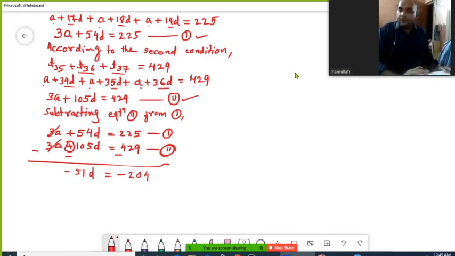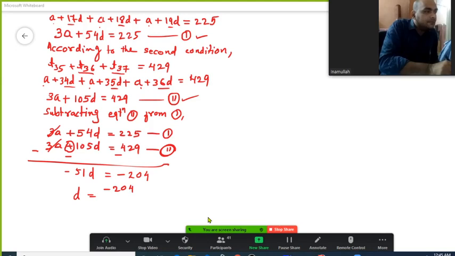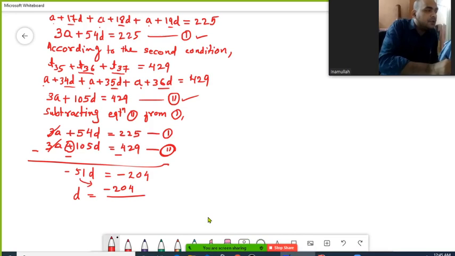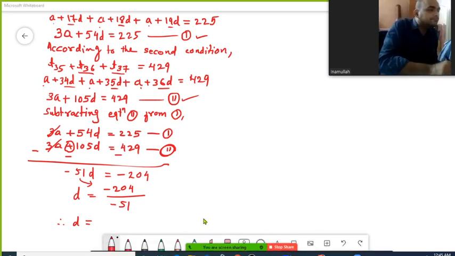We can bring this 51 to the right hand side, so it goes in the denominator. This way D is 204 by 51, so D is 4.